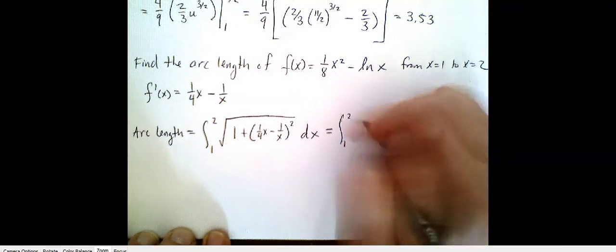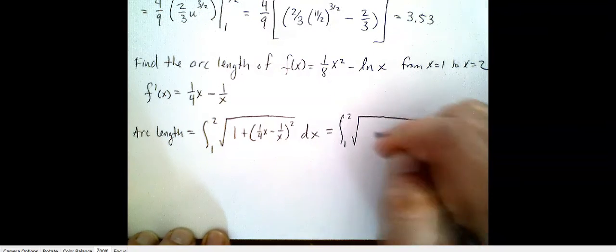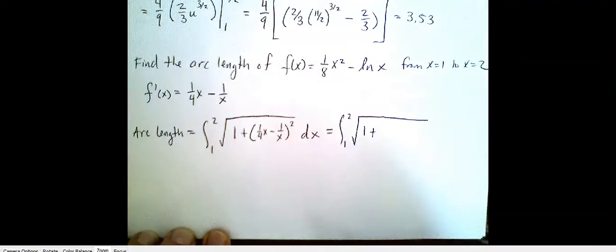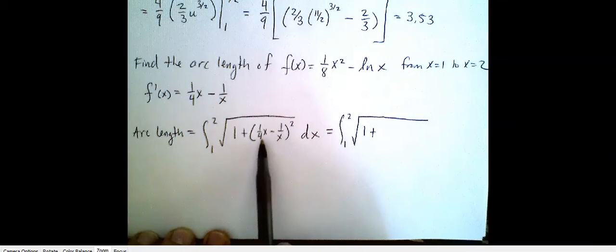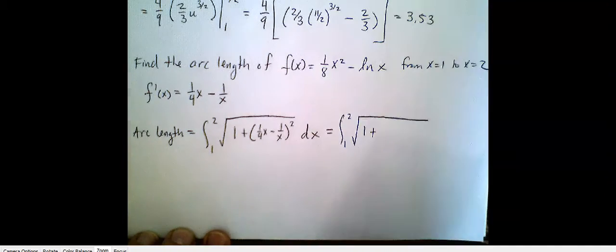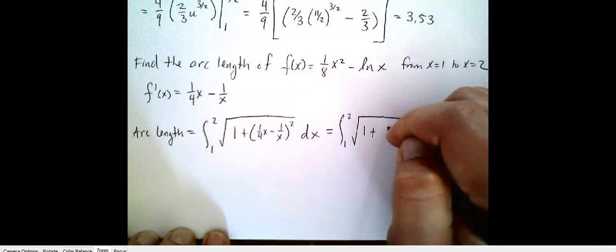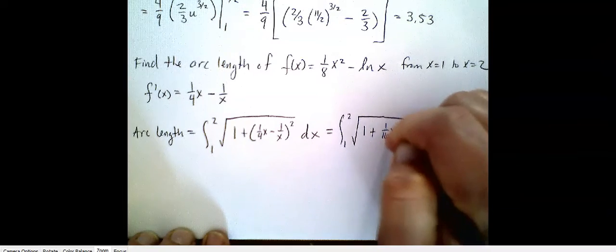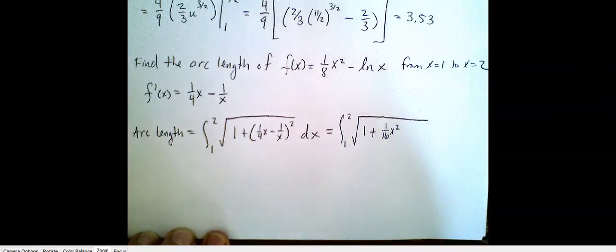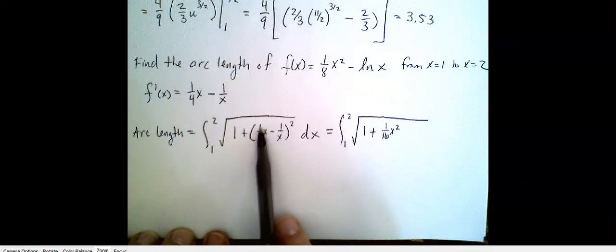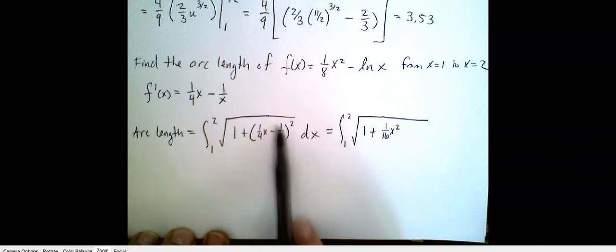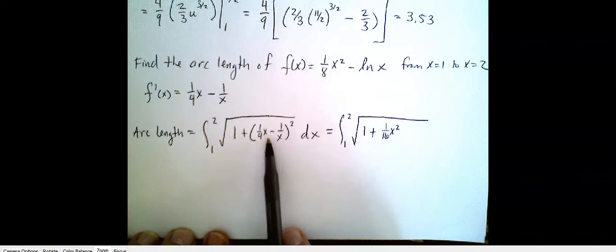So integral from 1 to 2 square root of 1 plus, and when we square this, we're going to get 1/4 x times 1/4 x, which will be 1/16 x squared. Then we're going to have 2 of this product, which will give us 1/4 x times 1 over x is just 1/4.